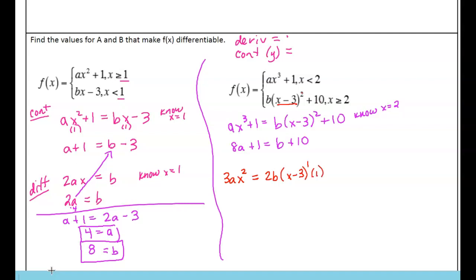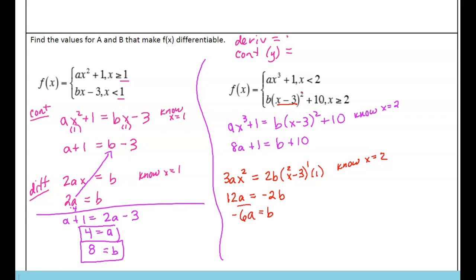The derivative of 10 is 0. And we also know that it's at x equals 2. So x equals 2, I get 4, so 12a. 2 minus 3 is negative 1 times 2, so negative 2b, and I'm going to divide by negative 2, so negative 6a.